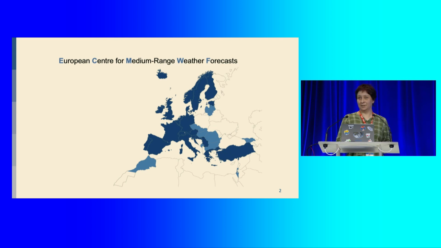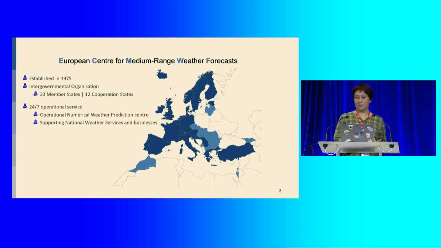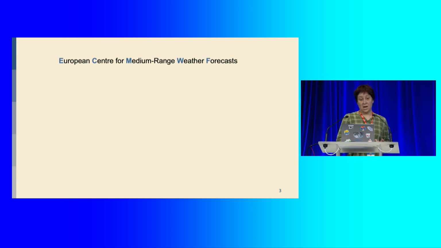Just for you to learn, the European Centre for Medium-Range Weather Forecasts, where I work, is an intergovernmental organization with 35 member states and cooperating states, running a 24-hour operational weather service, supporting national weather services and businesses over Europe and the world, and also a research institution.